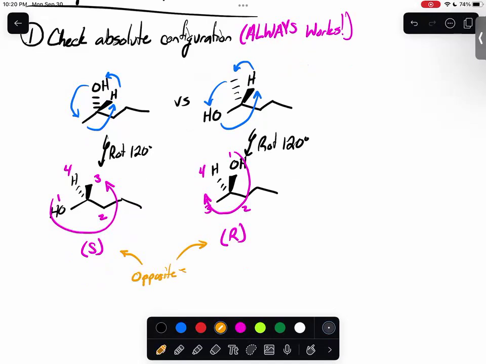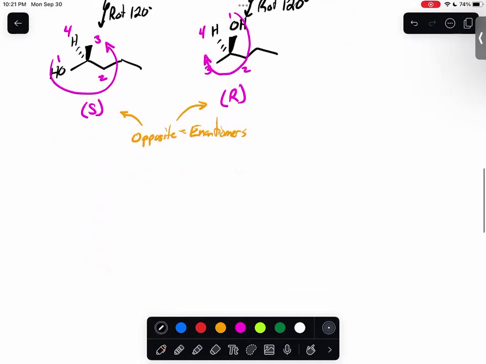So this is one way that we can identify if something is an enantiomer. There are two other quick ways, though. All right. The first one is what we're going to list as our second overall way of checking, which is what I will call wedge becomes dash. All right.